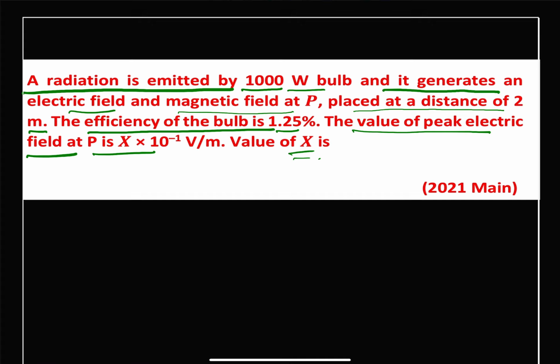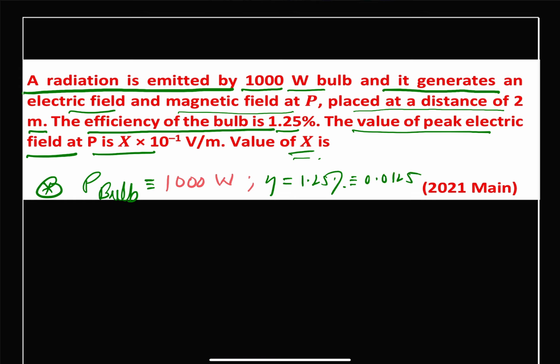So we are given power of the bulb. So we can say that power of the bulb is given to us as 1000 watts, and we are given efficiency that is 1.25%, or we can say this will be equal to 0.0125, and distance, let us suppose that is our R, is given to us as 2 meters.